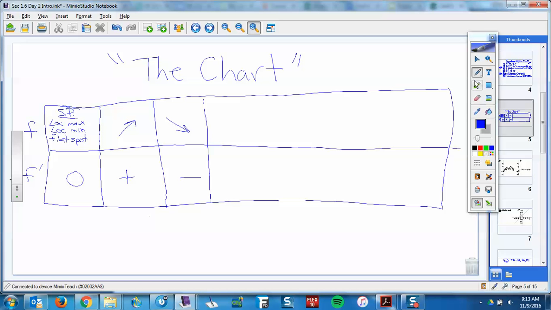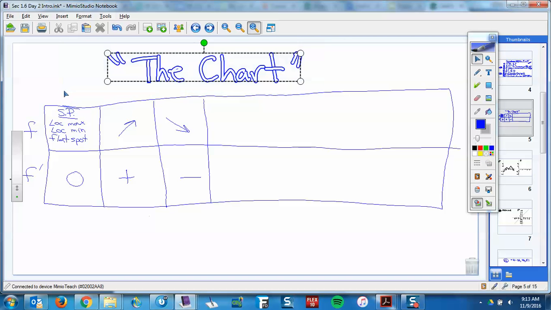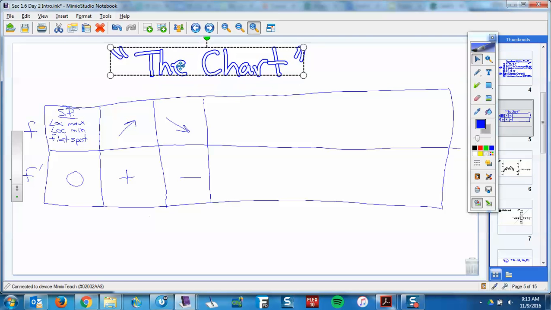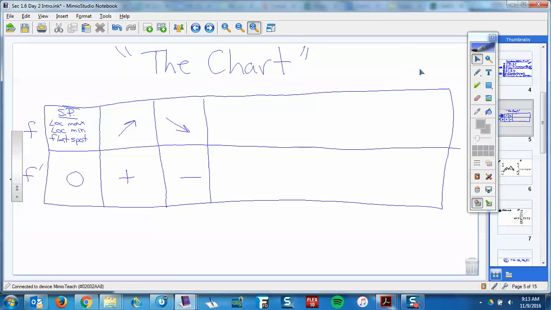Now, if we switch between those two columns, if F prime switches from positive to negative, what do you got?